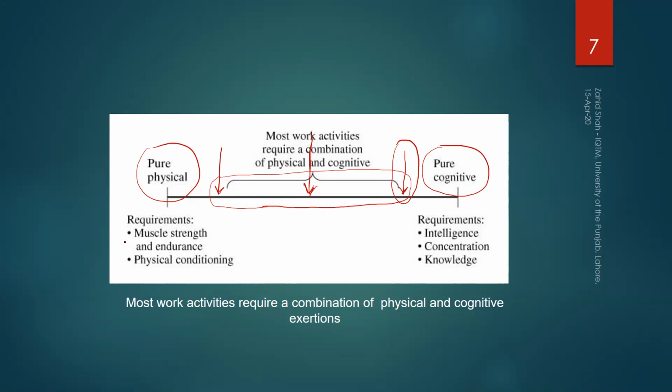So physical requirements for the task could be, for example, muscular strength, the proper healthiness of your musculoskeletal system, physical conditioning, and the requirements for cognitive or mental tasks could be intelligence, concentration, knowledge, memory, and other aspects that we will see in detail. So the point here is that you must keep in mind that almost all tasks involves both things, physical and cognitive aspects.